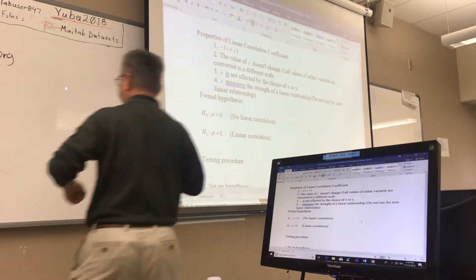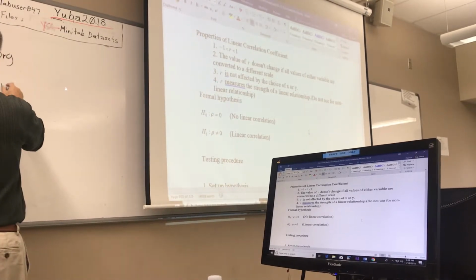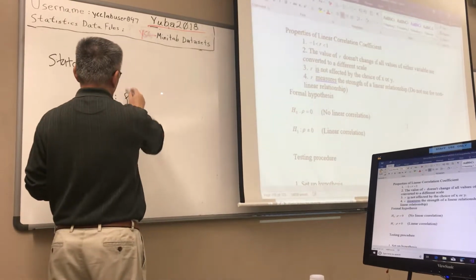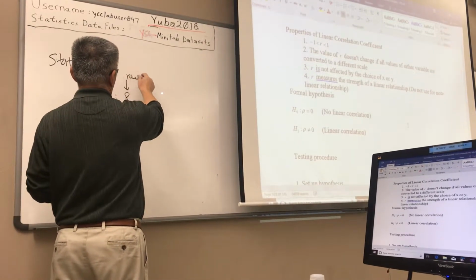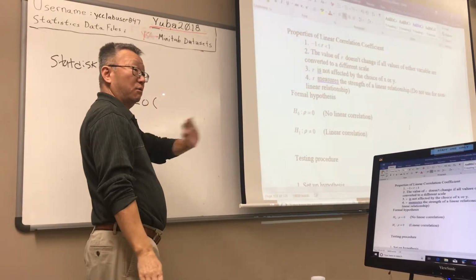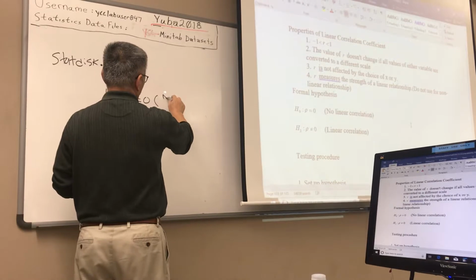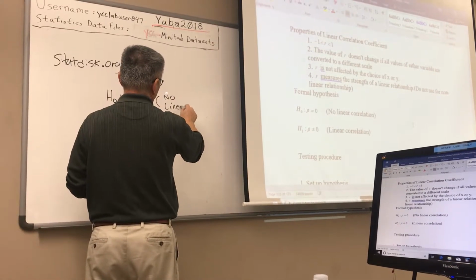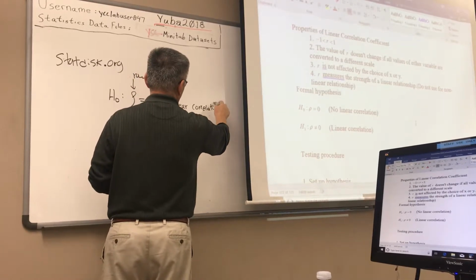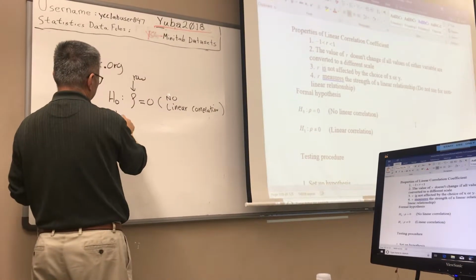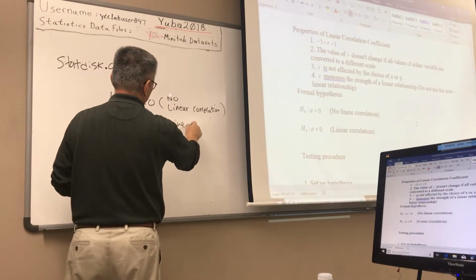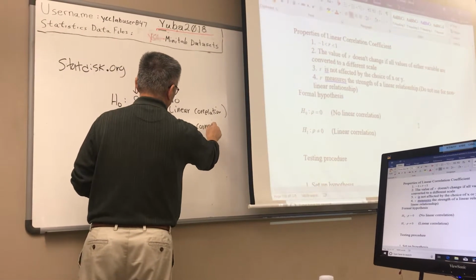The null hypothesis says that rho equals 0, meaning no linear correlations. The alternative hypothesis is that rho is not equal to 0, meaning there are linear correlations.